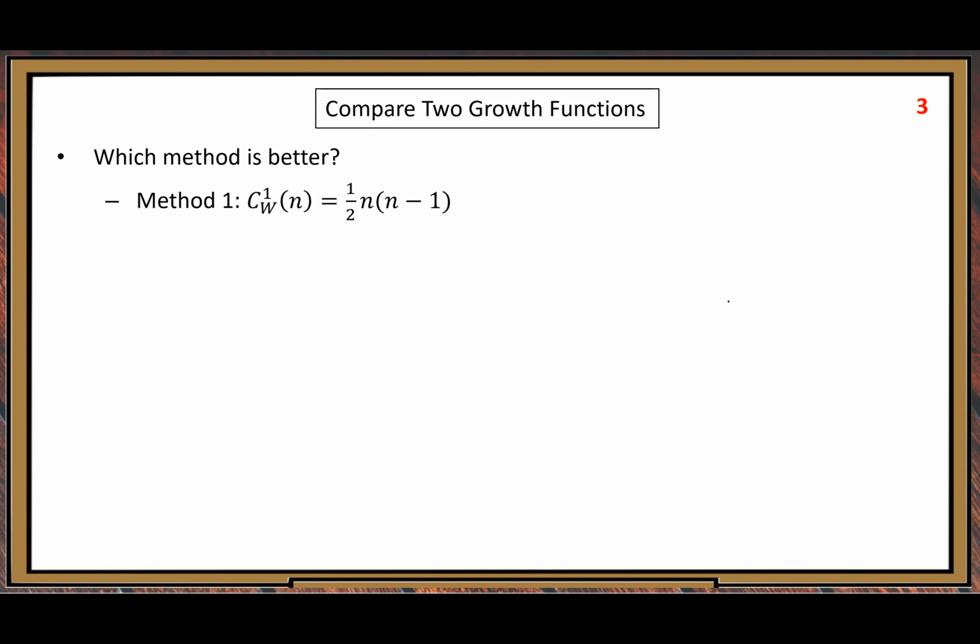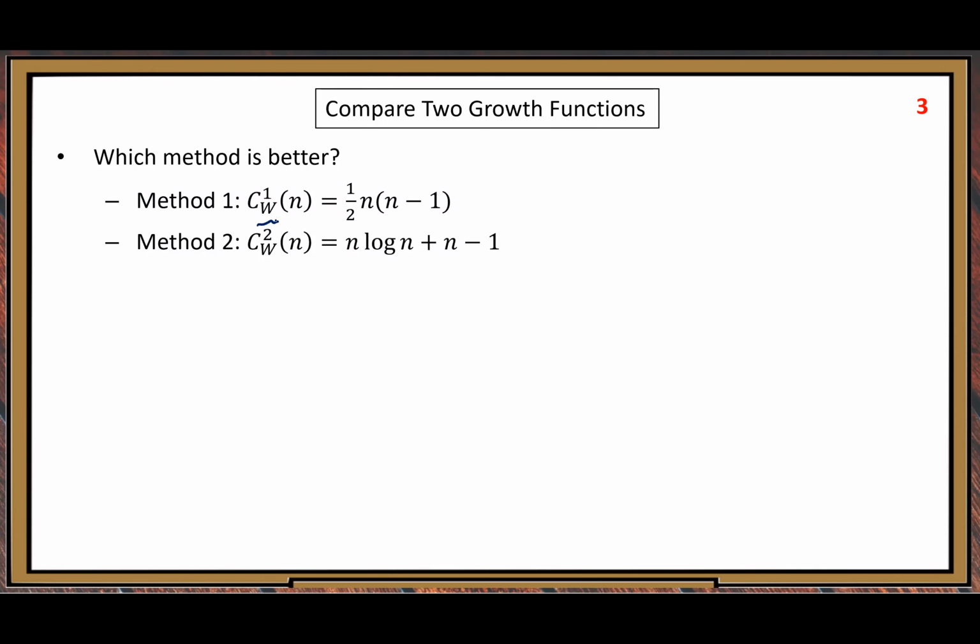For the first method, we use the worst case, C_W. The first method corresponds to the worst case expression. And for the second method, also the worst case expression, n log m plus n minus 1.